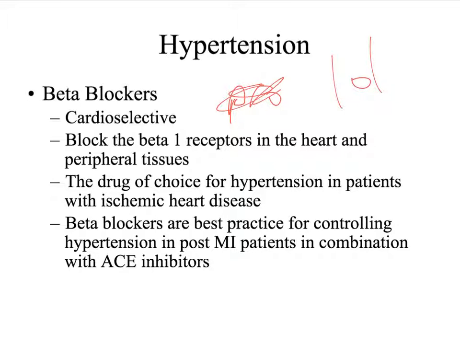Those are the beta blockers, and it works by blocking that beta-1 receptor in the heart, which, again, is a good drug of choice for patients who have an ischemic heart disease secondary to maybe a cardiac event, because for those patients, we want those hearts to not have to work hard. We want to decrease the workload of the heart, so that's why beta blockers are the drug of choice for those patients in combination with ACE inhibitors. We like those two drugs for treatment of hypertension in a cardiac ischemic heart disease patient.